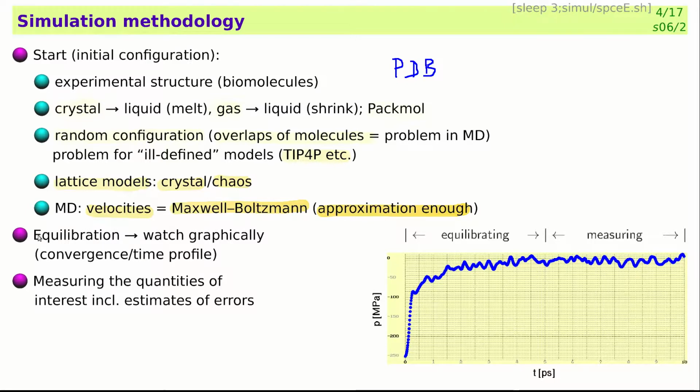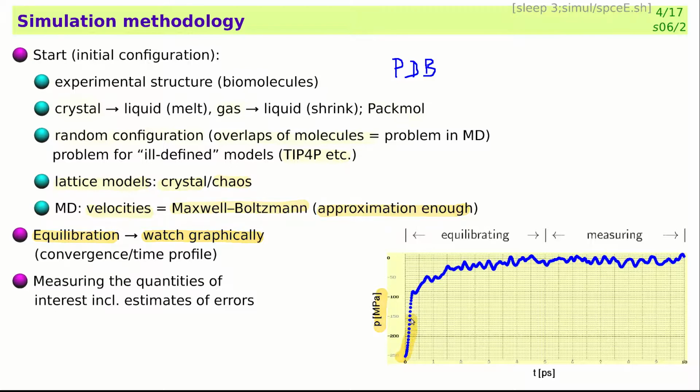Usually a necessary part of a molecular experiment is equilibration. We start from something which is not exactly what we want to get. Then we watch graphically different quantities in time. Here, for example, is a simulation of argon started from a crystal, and the quantity monitored is pressure. At the very beginning, the pressure was small.